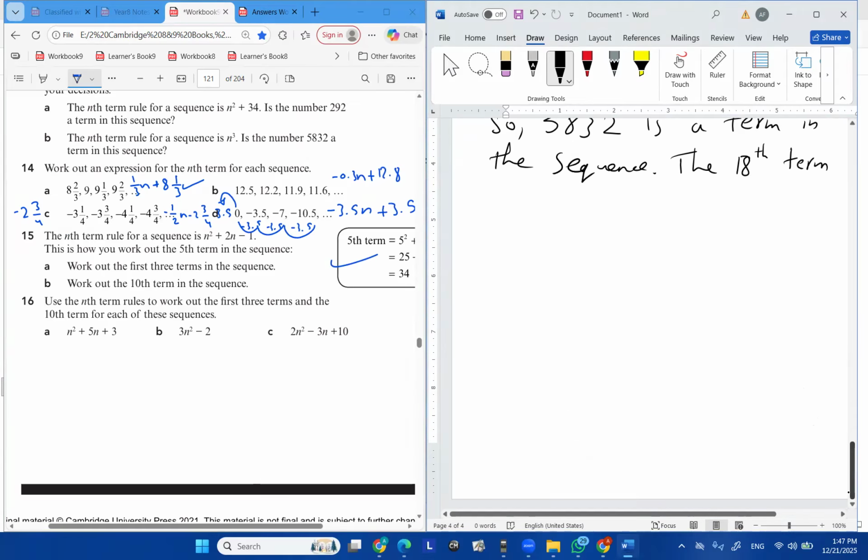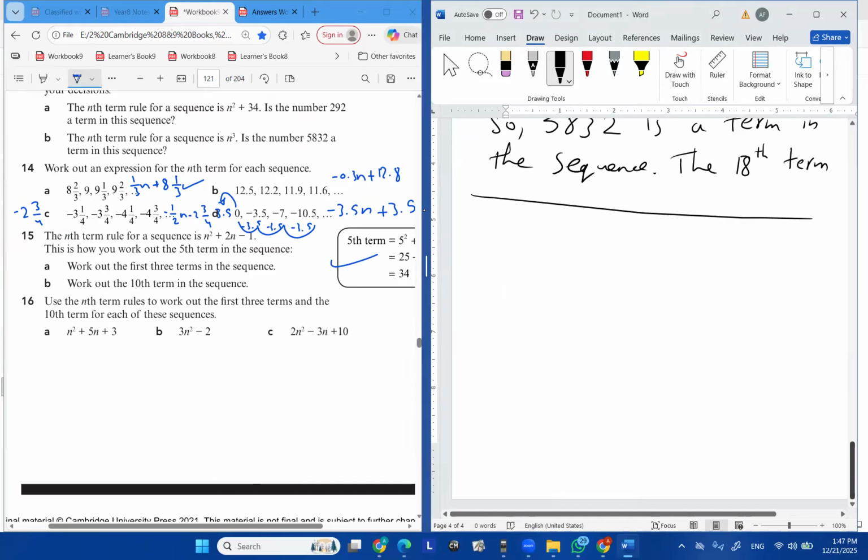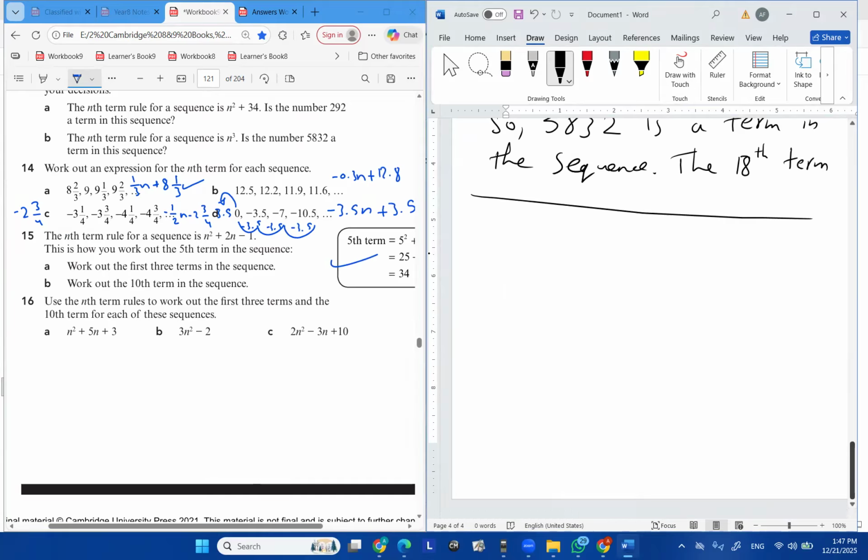Let's do it. First three terms in the sequence, it is n squared plus 2n minus 1. First term is going to be what? 1 squared, which is 1, plus 2 times 1, which is 2, minus 1 equals just 2, Mister. That's the first term.